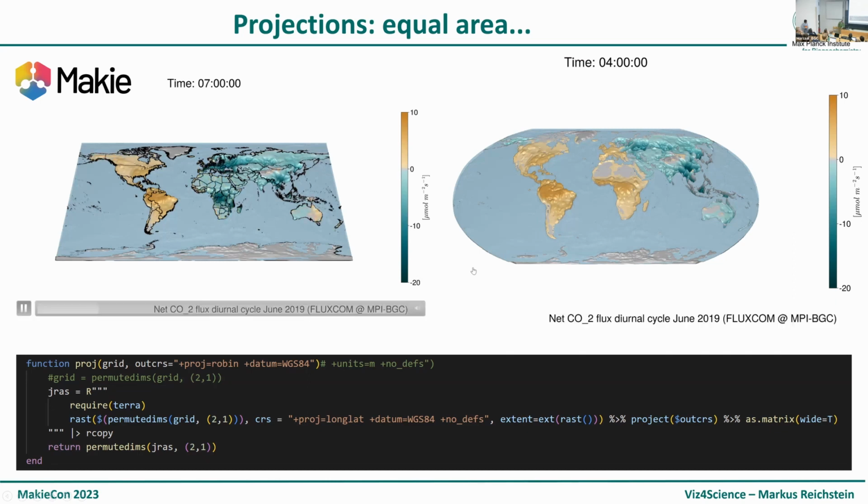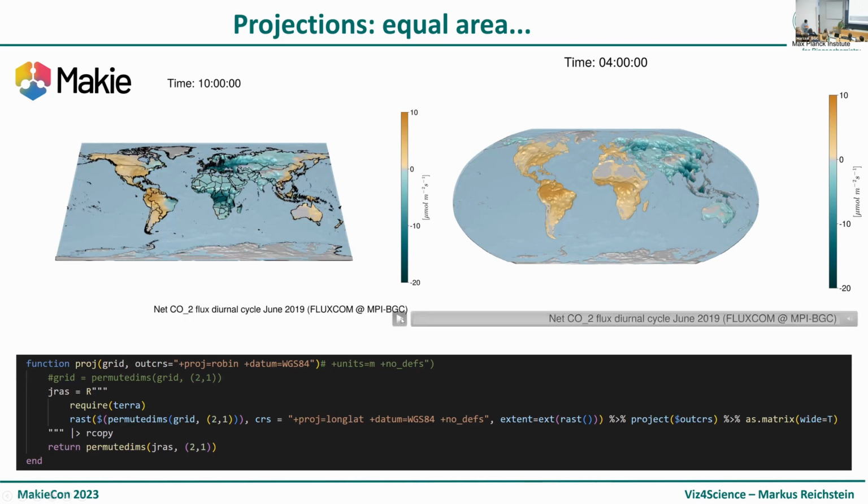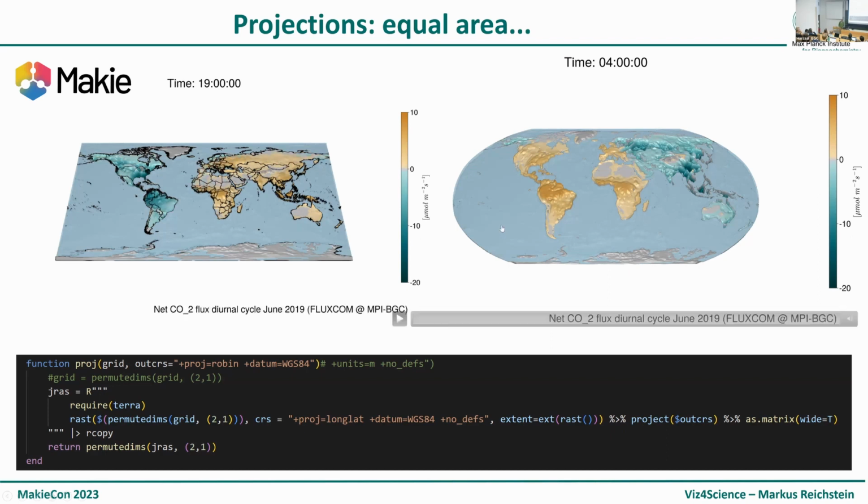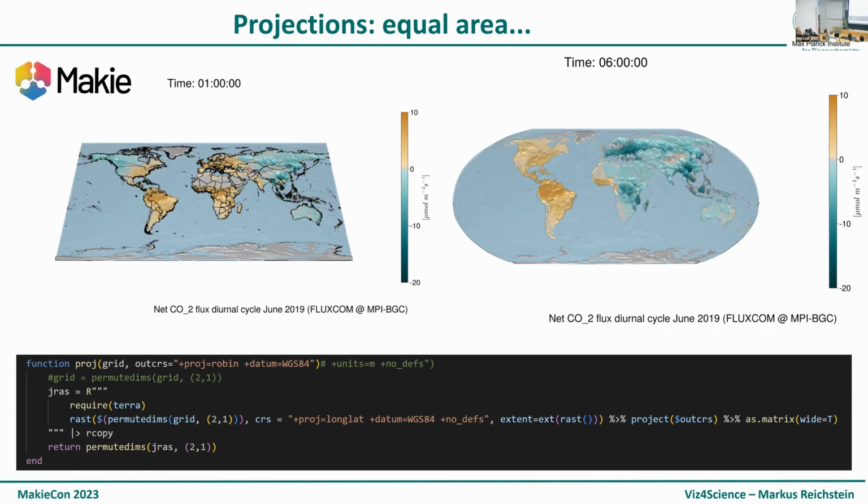So here this is more a diurnal cycle, where you basically see where the sun is moving, and then when it's day, you just take up carbon. This is the lat-long map, and this is an equal area projection. Also something important for visualization, because this one doesn't reflect the right sizes of the continents.